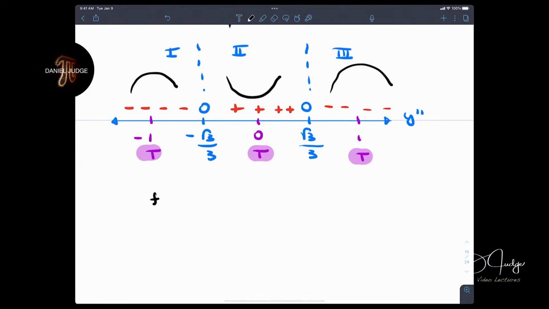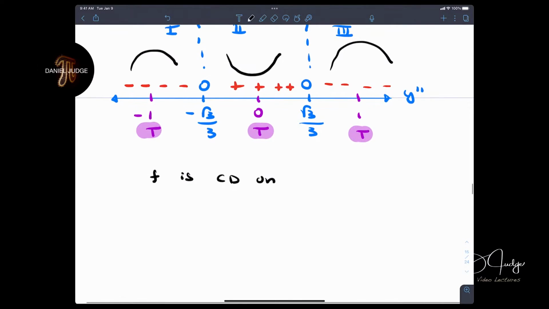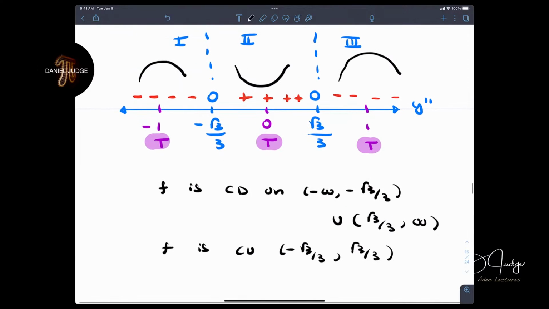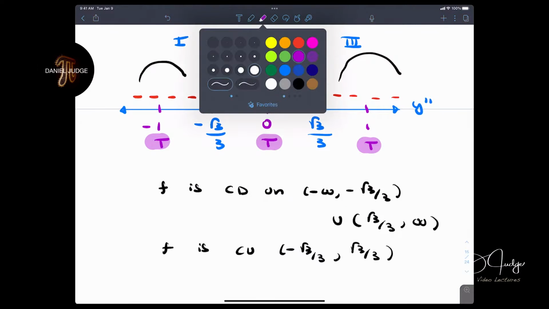So our function is concave down where the second derivative is negative. And that's from negative infinity up to negative square root of 3 over 3, union, positive square root of 3 over 3 up to infinity. F is concave up in the middle, between minus square root of 3 over 3 and plus square root of 3 over 3. And it looks like, yes, we have some inflection points.